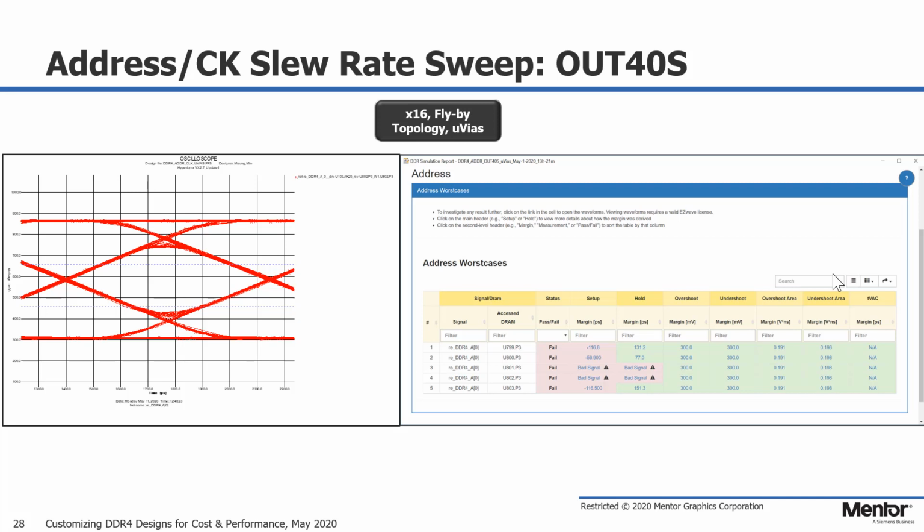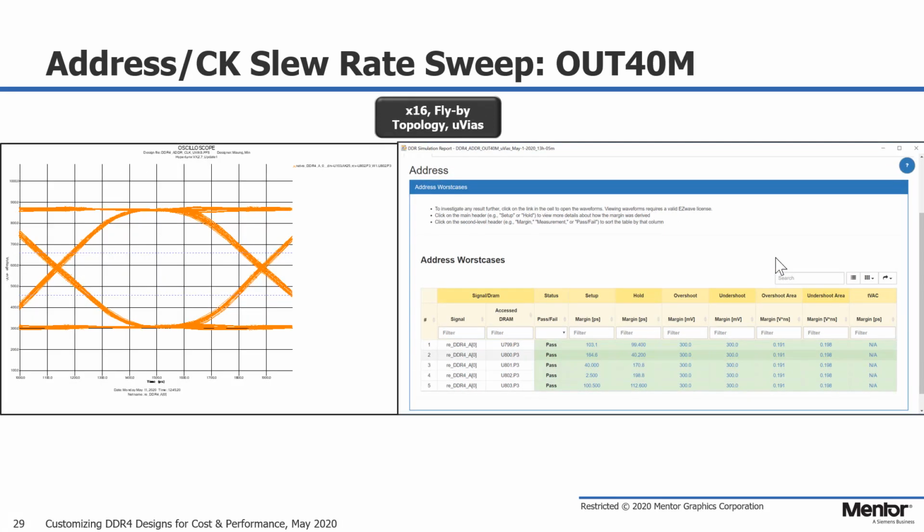Therefore, all of the timing margins are failing, as you can see in the report. Now let's take a look at the eye at the same DRAM and the report with the medium slew rate driver. The eye is starting to open up and you now have pretty good setup and hold margins.